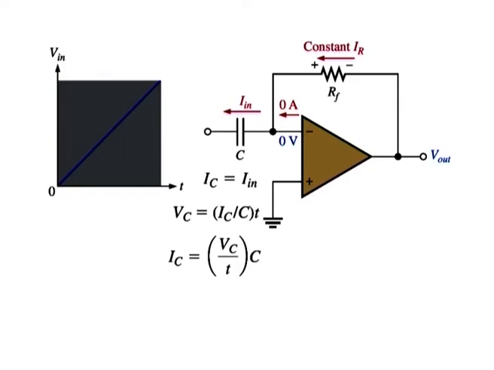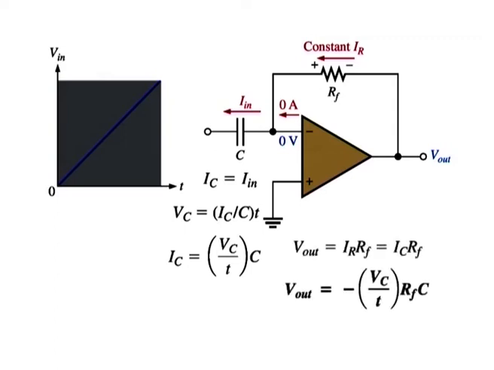The output voltage is also constant and equal to the voltage across Rf. Because one side of the feedback resistor is always 0 volt or virtual ground, V out is given by this equation where V out is equal to IR into Rf and is equal to Ic into Rf.